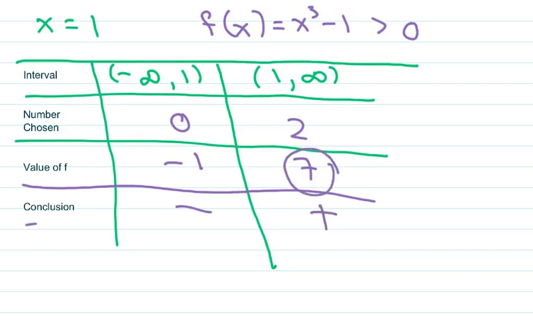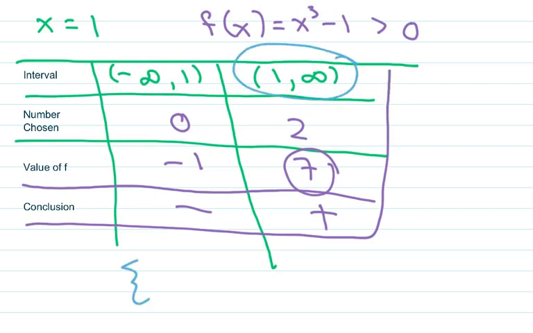This one was negative. Now my solutions therefore are going to be on this interval because we want positive. So it's x such that x is greater than 1. And any numbers greater than 1 will satisfy this equation. And that's all.